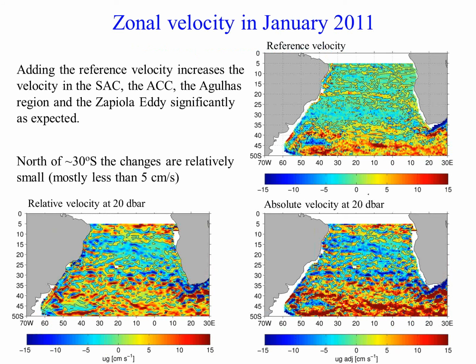And so this is an example of what the velocity field looks like. In the lower left is the 20 decibar depth velocity field of the zonal velocity from geostrophy using that synthetic altimetry derived dynamic height fields.